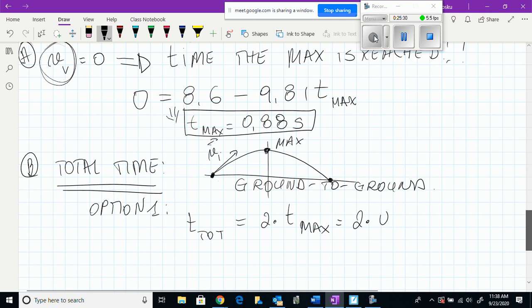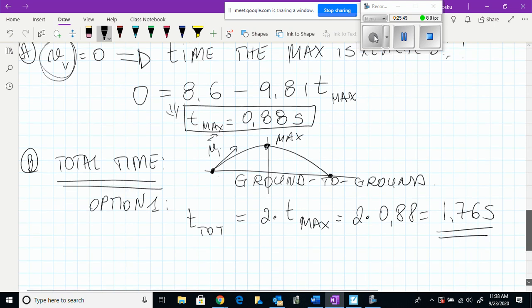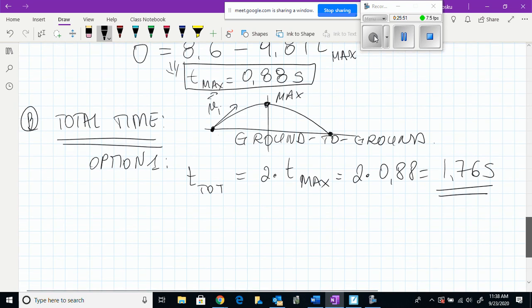And this will be 2 times 0.88, which is 1.76 seconds. So this is telling you that the object is staying in the air for 1.76 seconds. However, there is a second option, and option 2 is using your calculator.